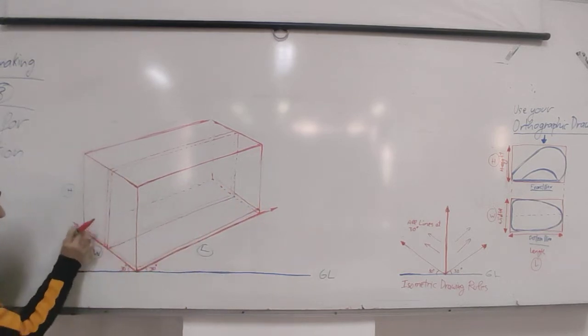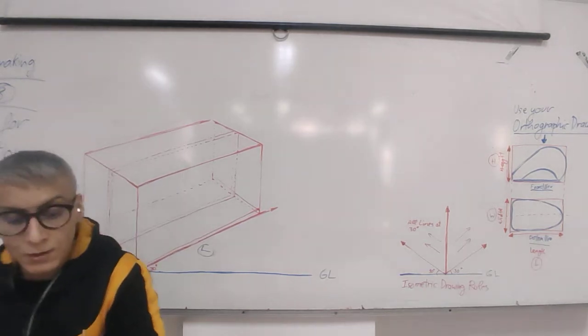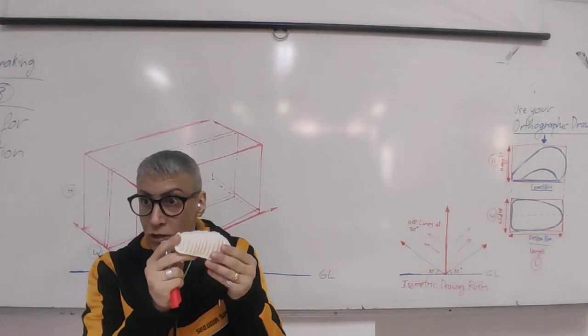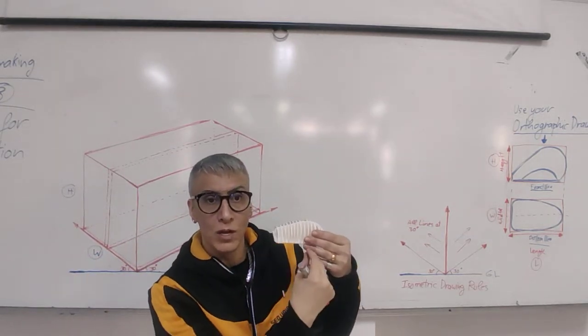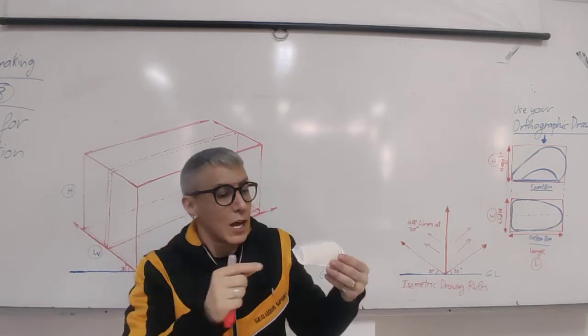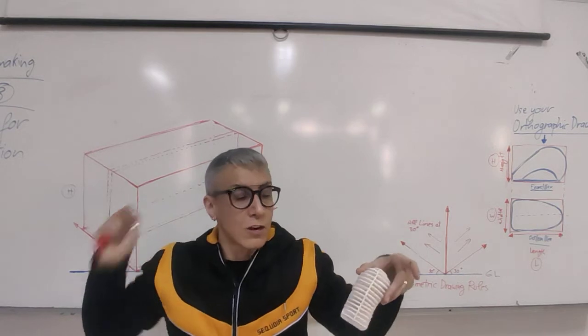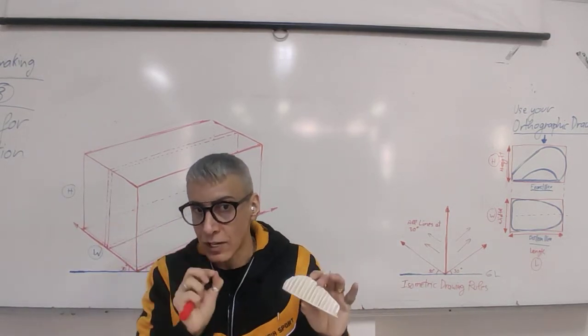So, this is supposed to be the cardboard piece at the bottom, because remember, you are drawing the model that you will be making. So, if you have this 2 millimeter thick at the bottom, you need to draw it here as well. If you have the middle piece 2 millimeter thick, you need to draw it here. Okay? Now, the sections, we will come to it a little later.